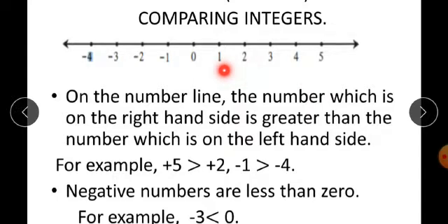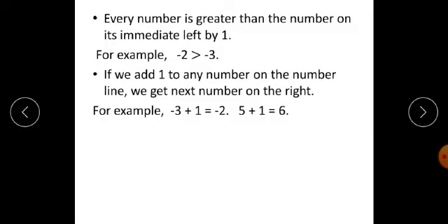Therefore every number to the right side is always greater than the number which is to its immediate left by 1. So minus 2 is greater than minus 3, and the difference is 1.